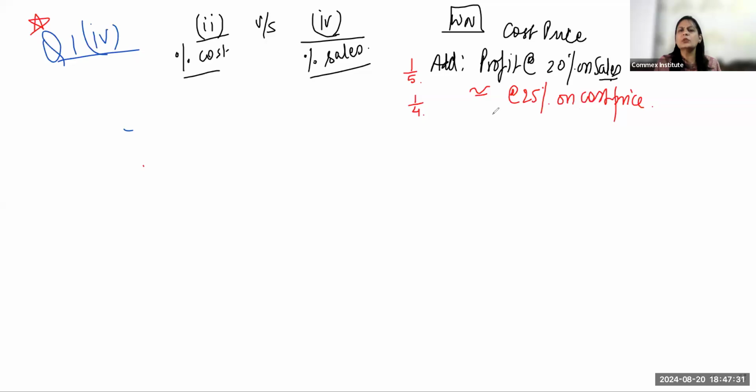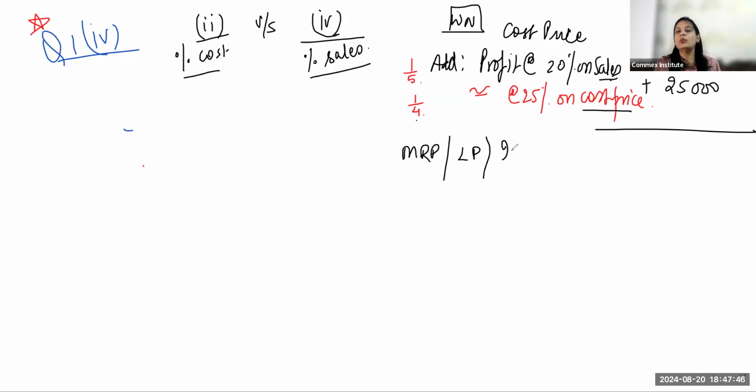Okay. So now, coming back to the fourth transaction, coming back to the working. So 1/4 on the cost price. So this becomes 25,000. So the selling price becomes, which I call the MRP or the list price or the invoice price, 1,25,000.